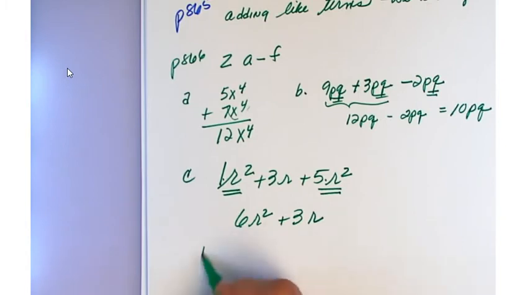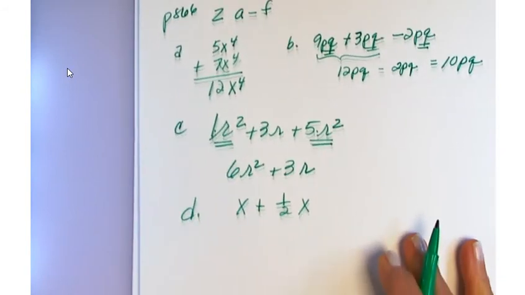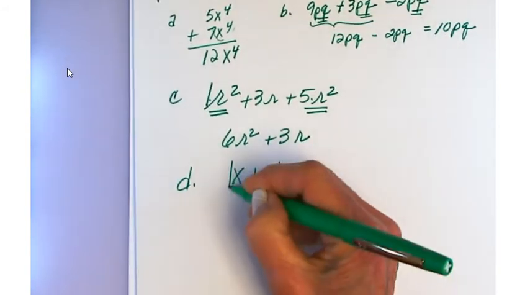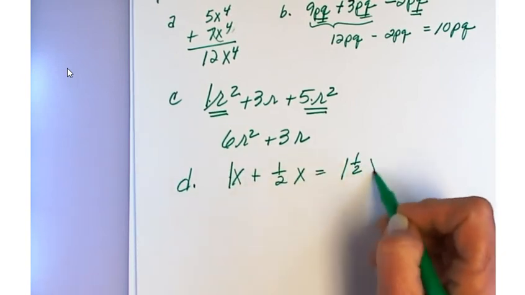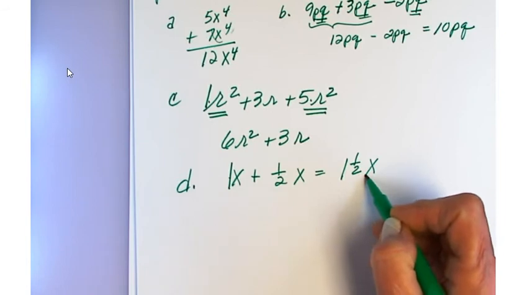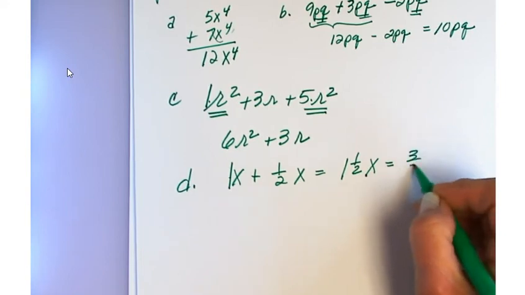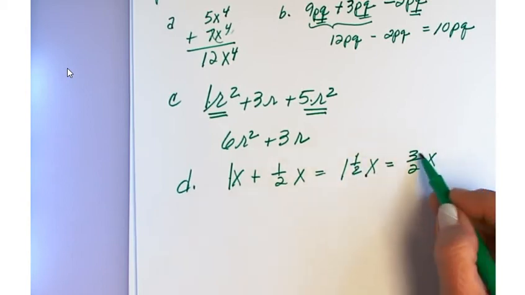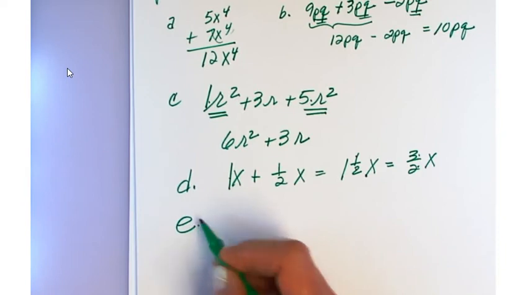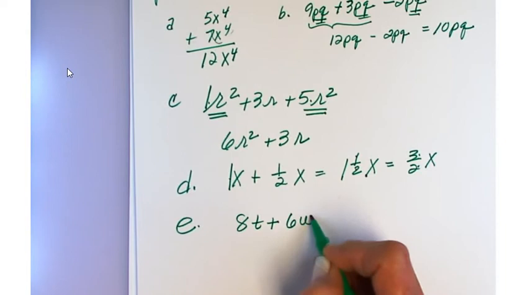D, x plus 1/2 x. We know this coefficient is a 1. 1 plus a half is 1.5 x. We would not write it that way, mixed number. We would change it to 3/2 x. And that became 2 plus 1 is 3 over 2. E, 8t plus 6w, we cannot combine.